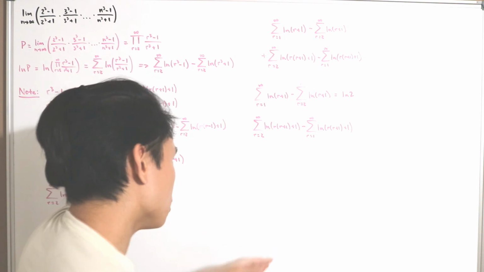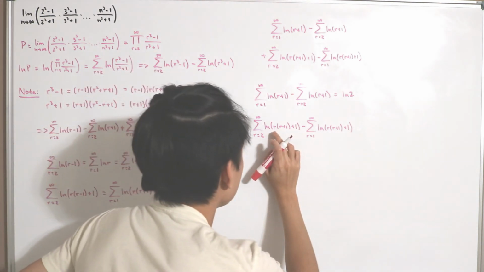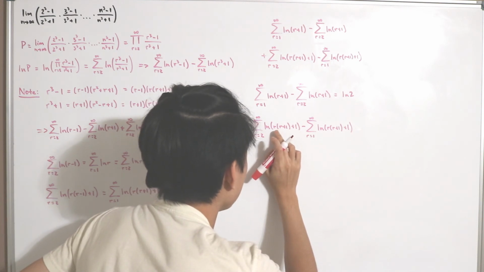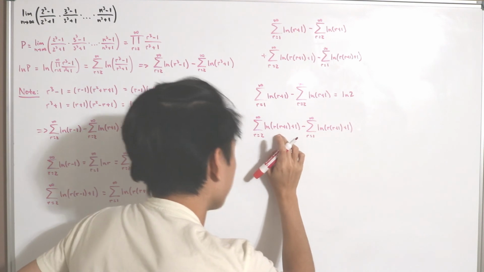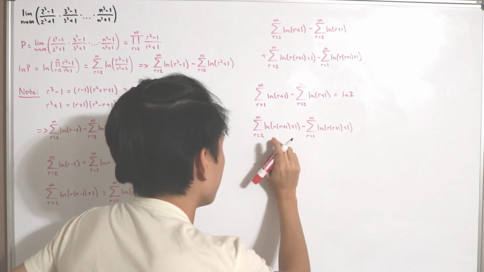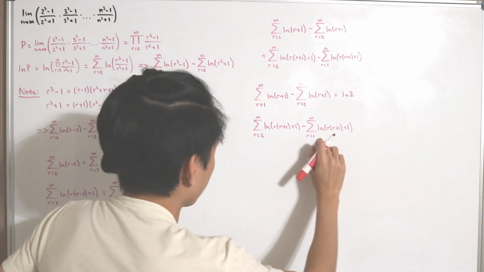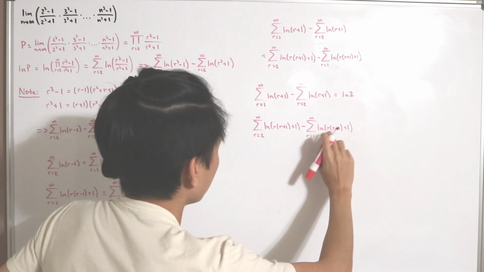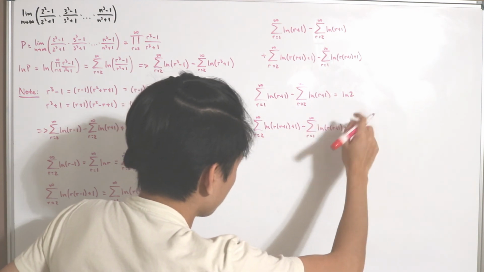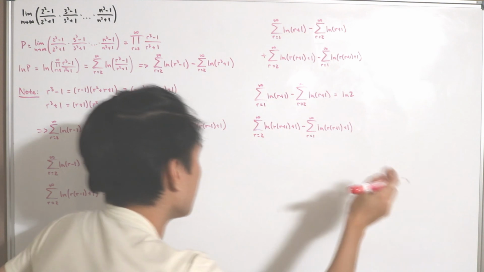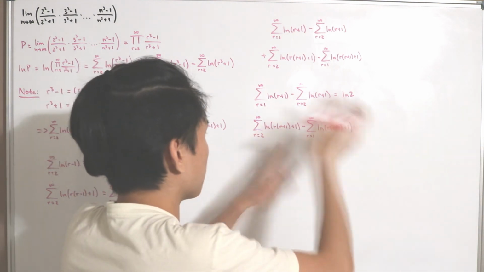If I plug in r equals 2 for here, we start out with ln of 2 times 3, which is 6, and then plus 1, 7, and then 3 and so on. But we start with r equals 1, so ln of 1 times 2 is 2, then plus 1 is 3. And again, with the telescoping series, the terms are going to cancel out.